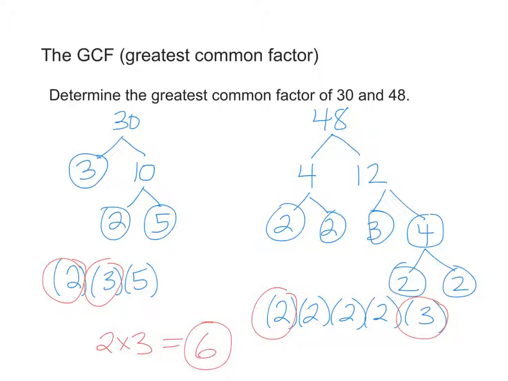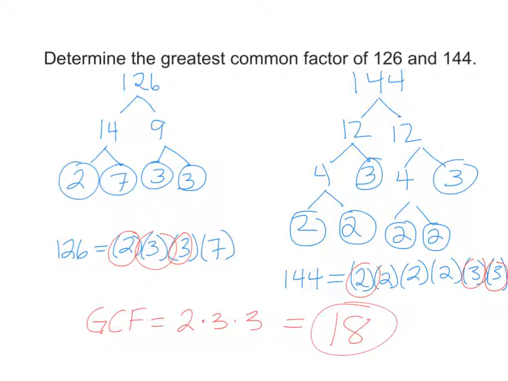So we're not just looking at 30 and 48, but maybe we're looking at 30 x squared y cubed and 48 x to the power of 5 y, or something like that. Then this prime factorization is going to become fairly useful. If you do it this way with the prime factorization and you pick out all of the factors that are common to both, then you will always get not just any common factor, but the greatest common factor if you do it correctly.